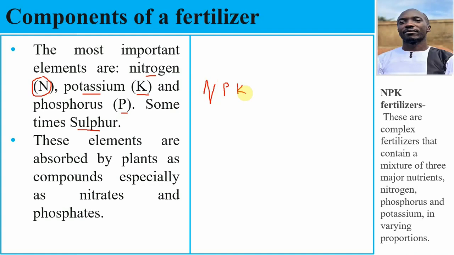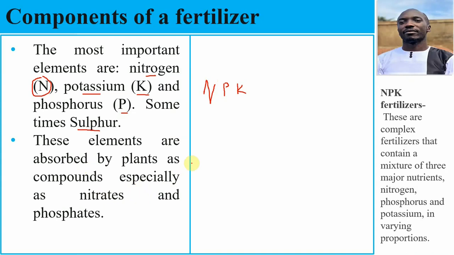This comes with NPKs, the fertilizer that contains nitrogen, phosphorus, and potassium. These elements are absorbed by plants as compounds, especially nitrates and phosphates.